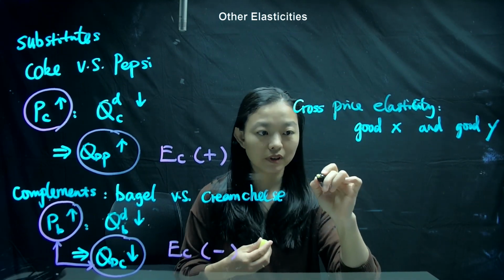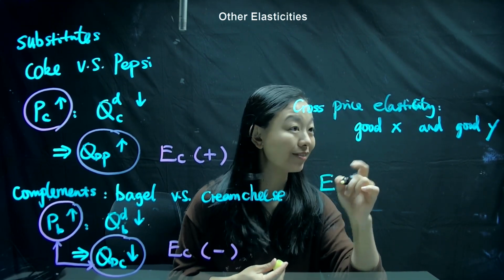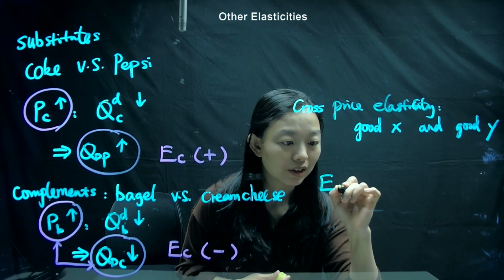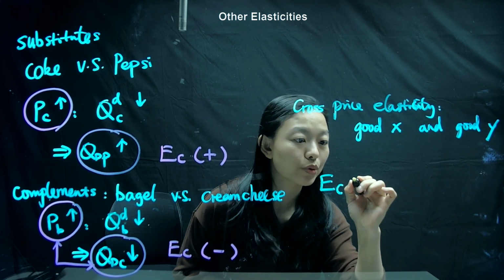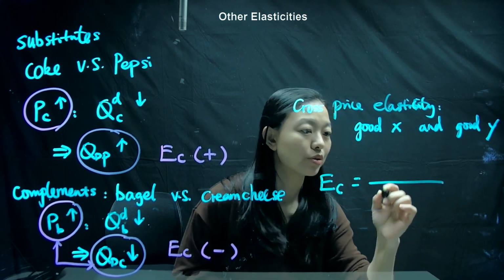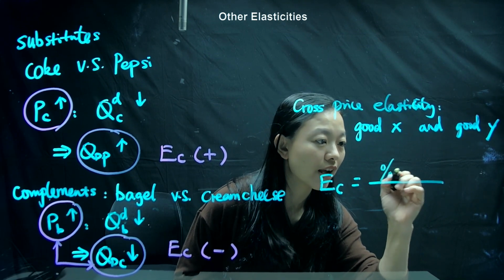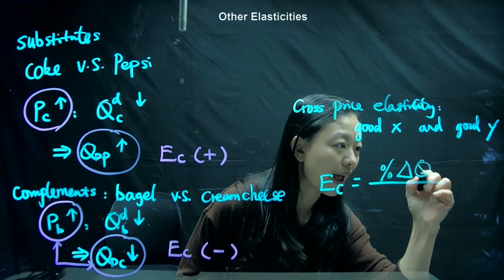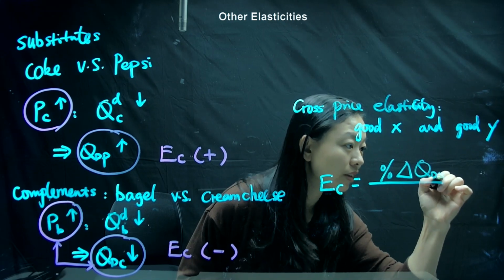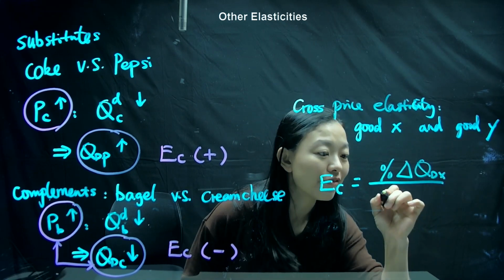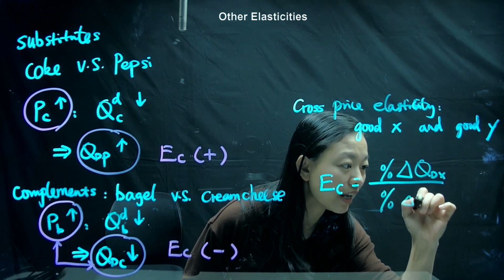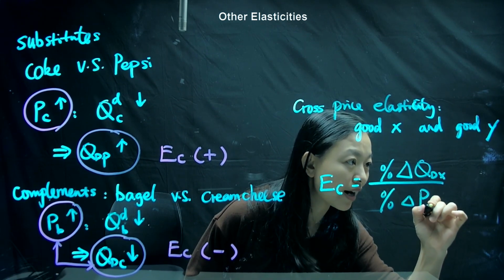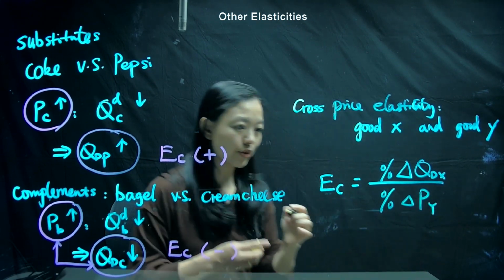So the cross price elasticity of good X will equal the percentage change in the demand of good X divided by the percentage change in the price of good Y. Understand?